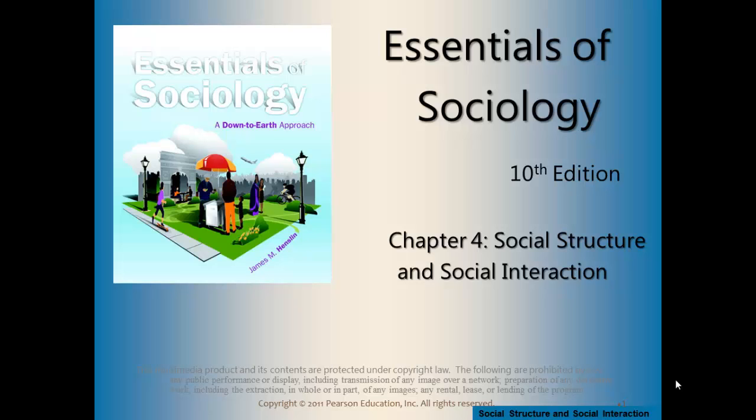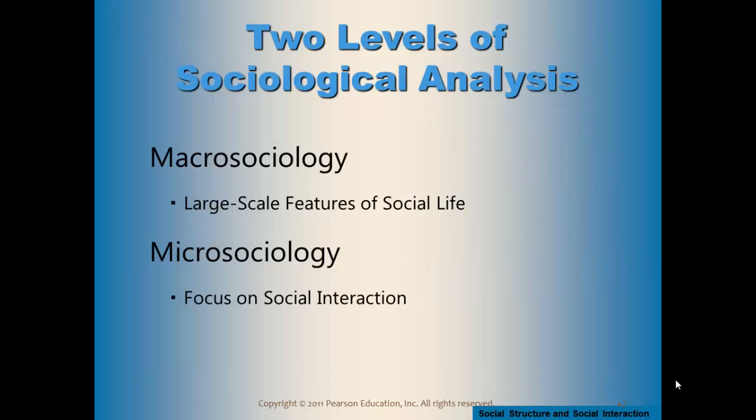If you remember, we touched on the notions of macro and microsociology in our lecture in chapter 1. It's a way of analyzing things that places the three different perspectives in sociology into whether they're characterized by a larger view of society, which is macrosociology, or a more intimate view of social interactions, which is microsociology.